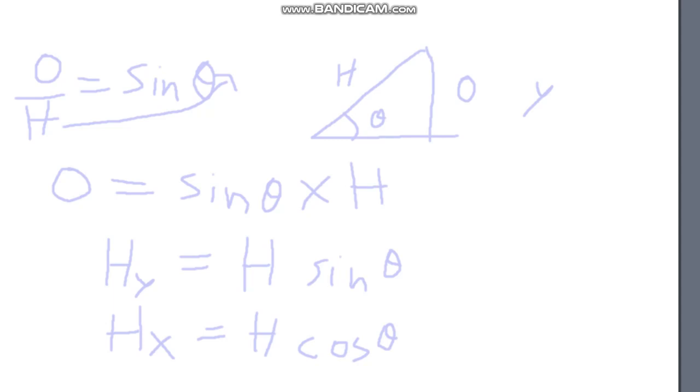Now I'll show you a shortcut of how to use these things. For example, if you have theta and if you have the adjacent side, then cos theta is nothing but this particular line which has a shadow in this direction.